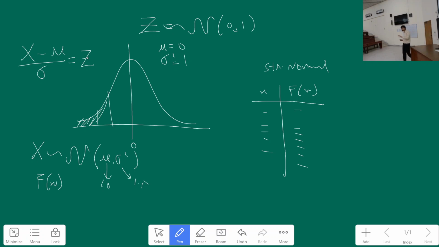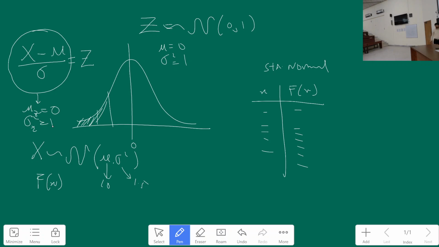Now similarly, you can easily check that the variance of this new random variable, x minus mu divided by sigma, which we are calling now z, for good reason, is this: the new mean, which I will call mu z because I am naming it z, is 0, and sigma z square is 1.